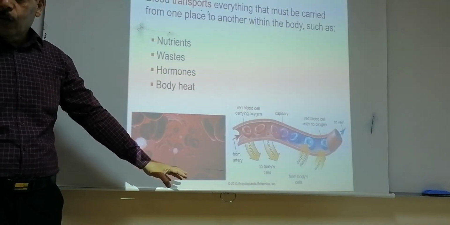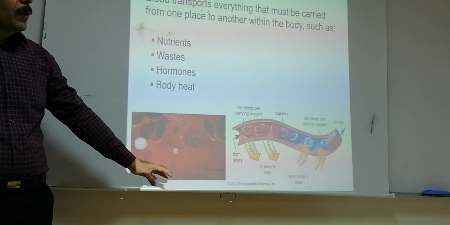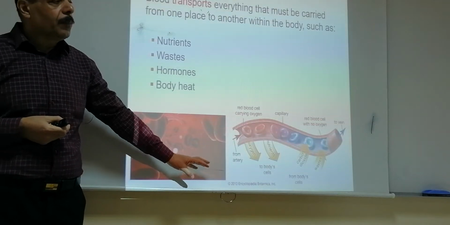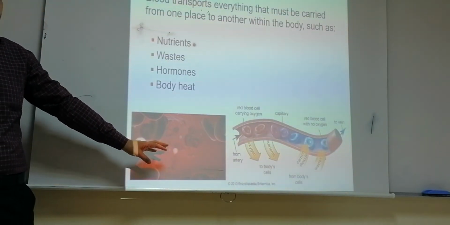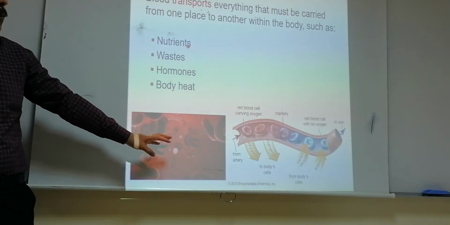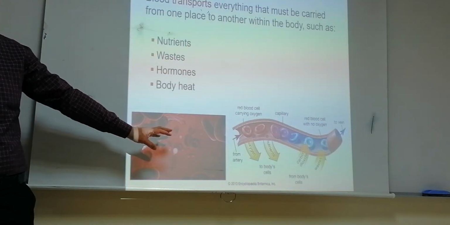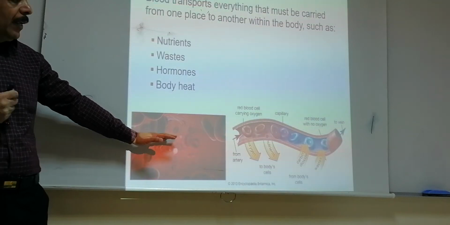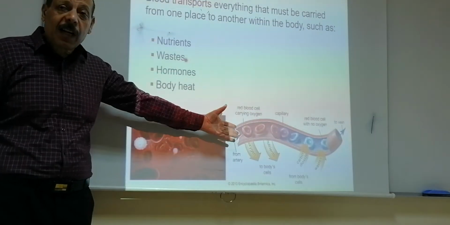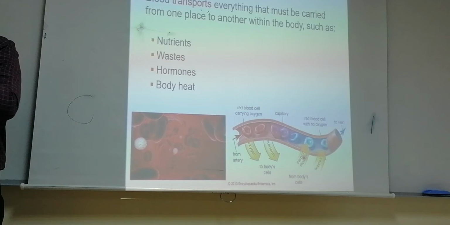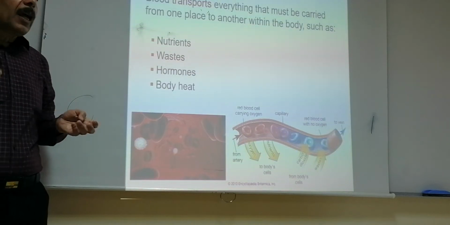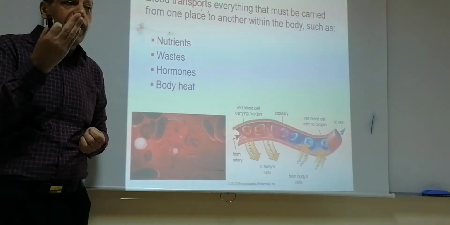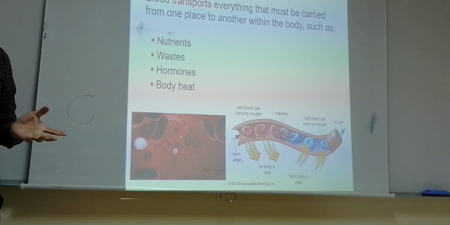Hormones are taken from the glands and sent to the target organs that they will act on. Carbon dioxide will be carried out from the tissue after tissue metabolism as an end product, and it will be taken out of the body through the respiratory system.